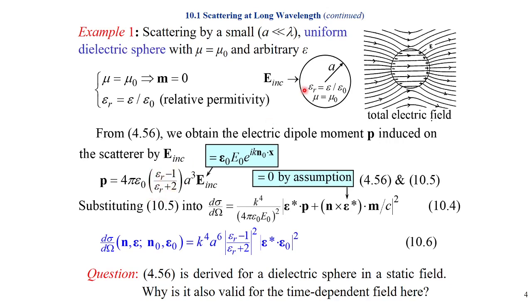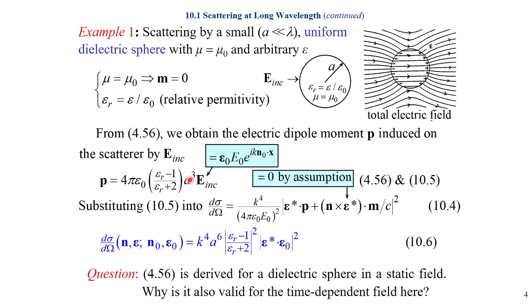So if epsilon r is 1, we got nothing, no scattering effect. But now we have epsilon r greater than 1. Substituting 10.5, we just substitute this one into this equation. We get P, and this equals 0 by assumption. So we have only one term left. Great.